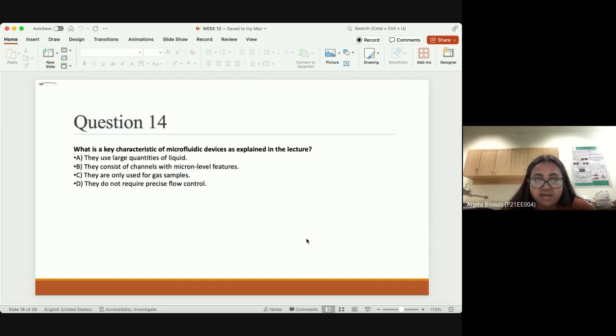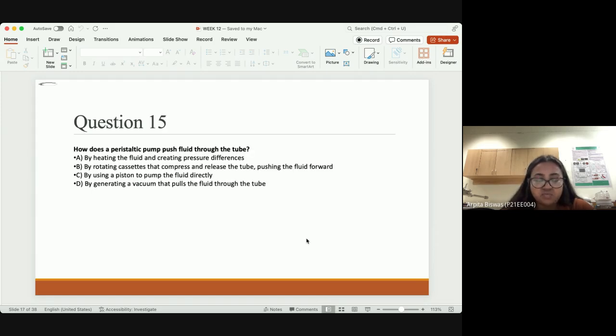So the right option is option B. They consist of channels with micron level features.